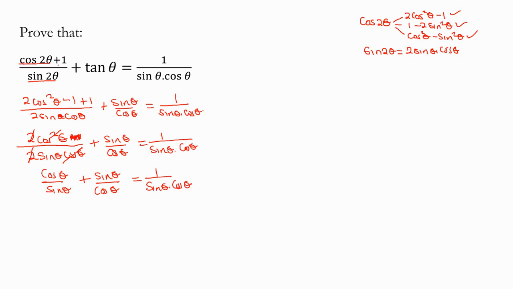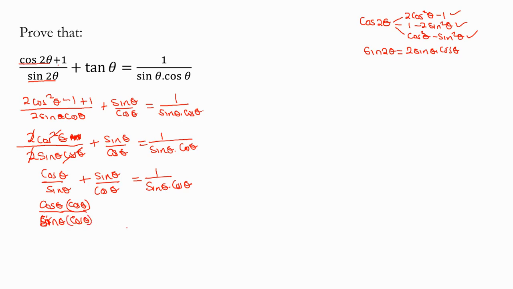See that? Okay, so if you check on the left hand side, we have to simplify these two fractions, and then our LCD is going to be sine theta cos theta. So we multiply this one by sine theta over sine theta, so that our denominator is sine theta cos theta. So it's going to be cos theta over sine theta, then times cos theta over cos theta.